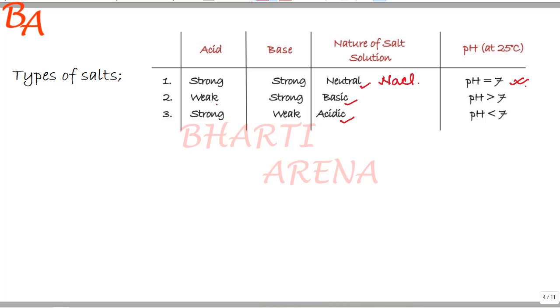Basic salt is formed by the reaction of weak acid and a strong base, and its example is sodium acetate. Its pH is greater than 7. Acidic salts are formed by the action of a strong acid with weak base. Its example is ammonium chloride, and its pH is less than 7.